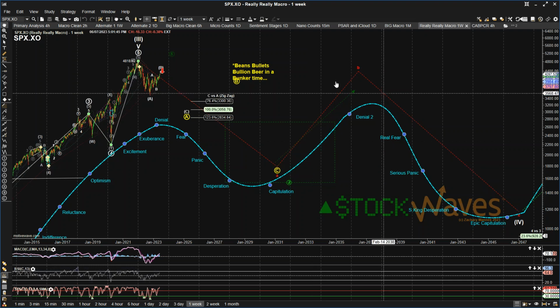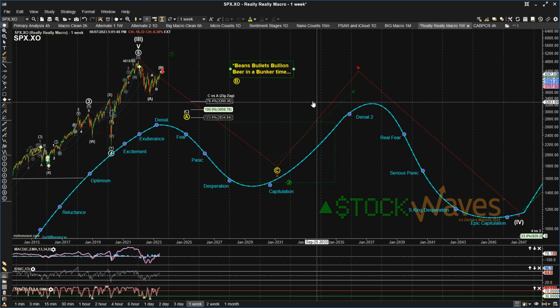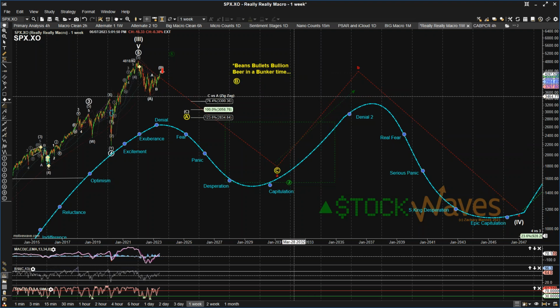Now, one of the things that we talk about in Elliott wave is that there is a guideline. It's not a rule. There's a couple of rules in Elliott wave that are hard and fast rules that cannot be broken. The retrace for a wave 2 cannot drop below the start of wave 1. Wave 3 can never be the shortest wave. Those are immutable rules.